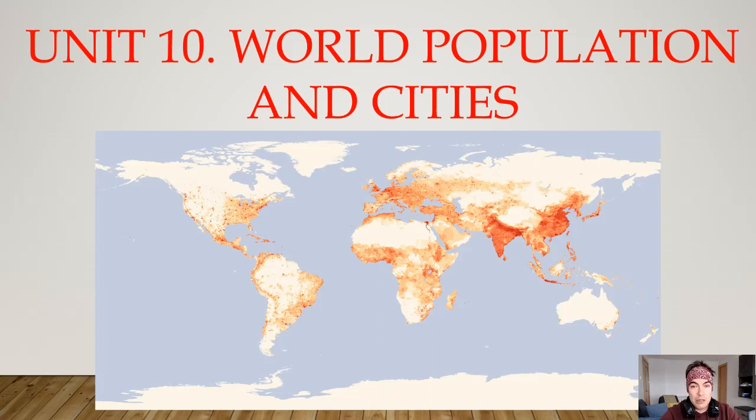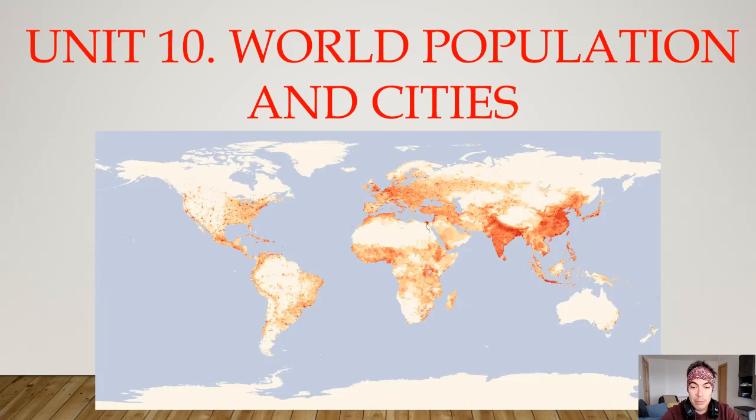So this is going to be just a short unit, and we are going to take a general look at how population is distributed and how cities are in all the continents in the world except for Europe and for Spain, because we are going to study those ones specifically in the next units, which are 11 and 12. So let's start.